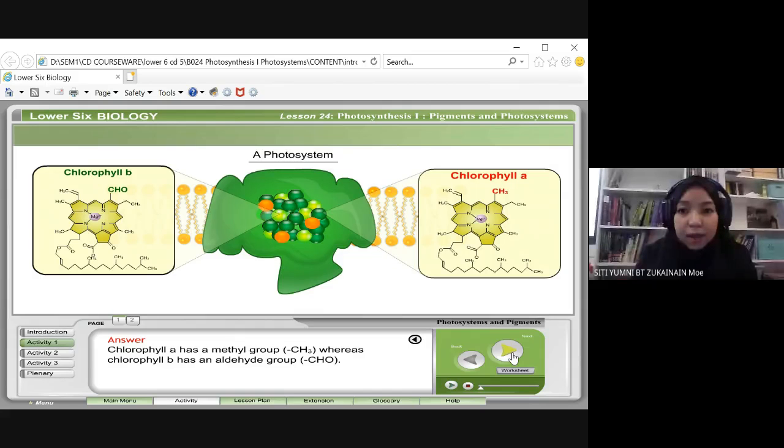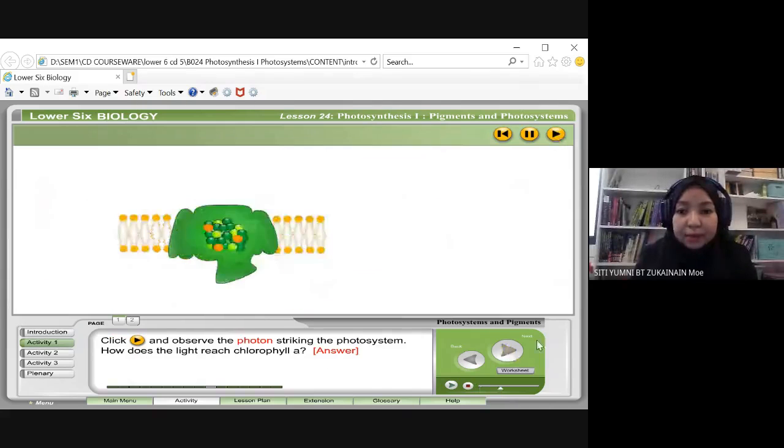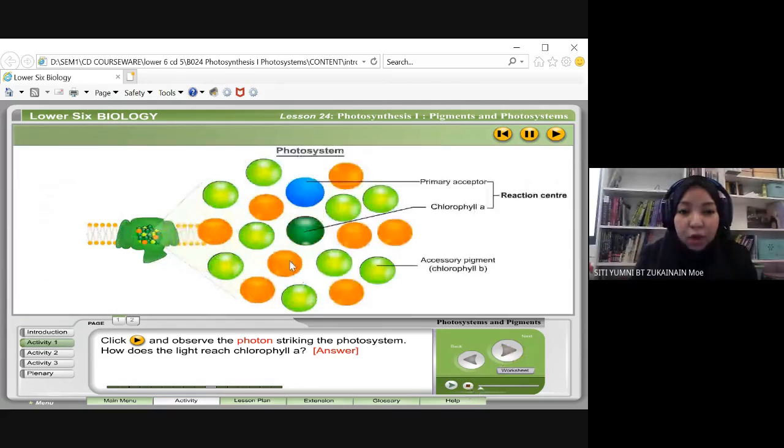Now I will click the play button, and you need to observe the photon striking the photosystem. What you need to observe is how the photon of light strikes the accessory pigments and reaches the primary center. So how does the light reach chlorophyll A?